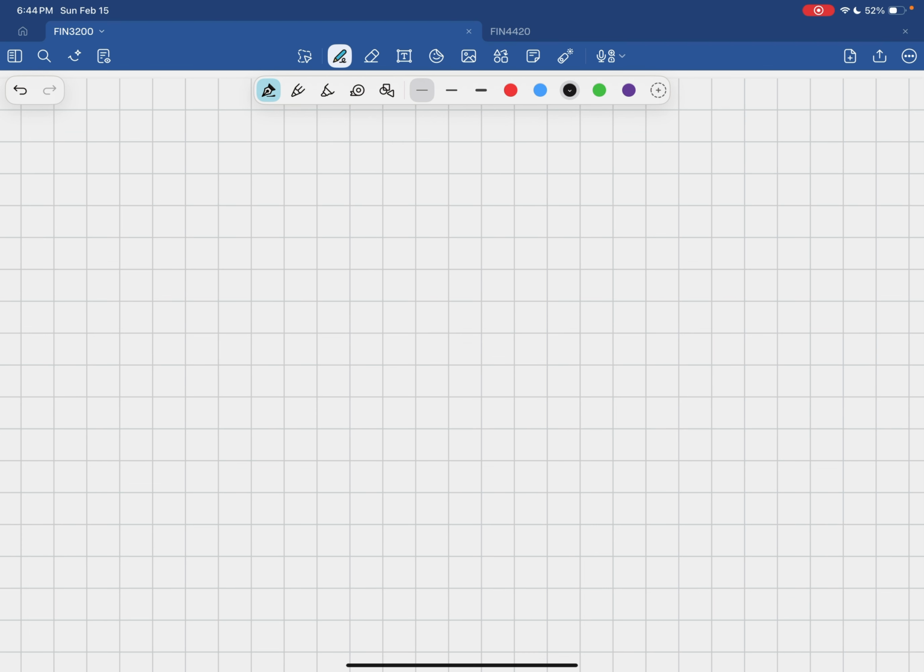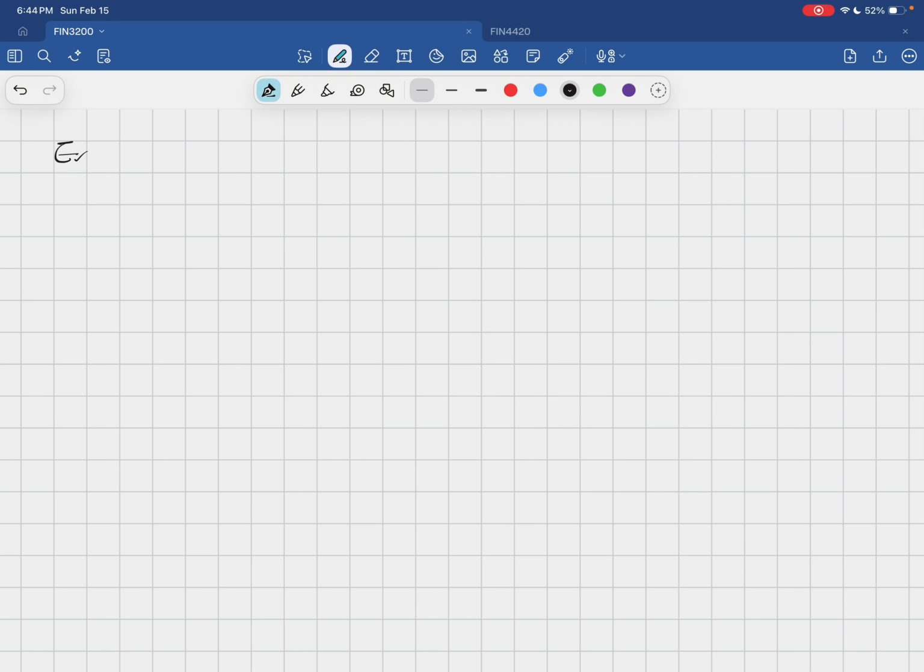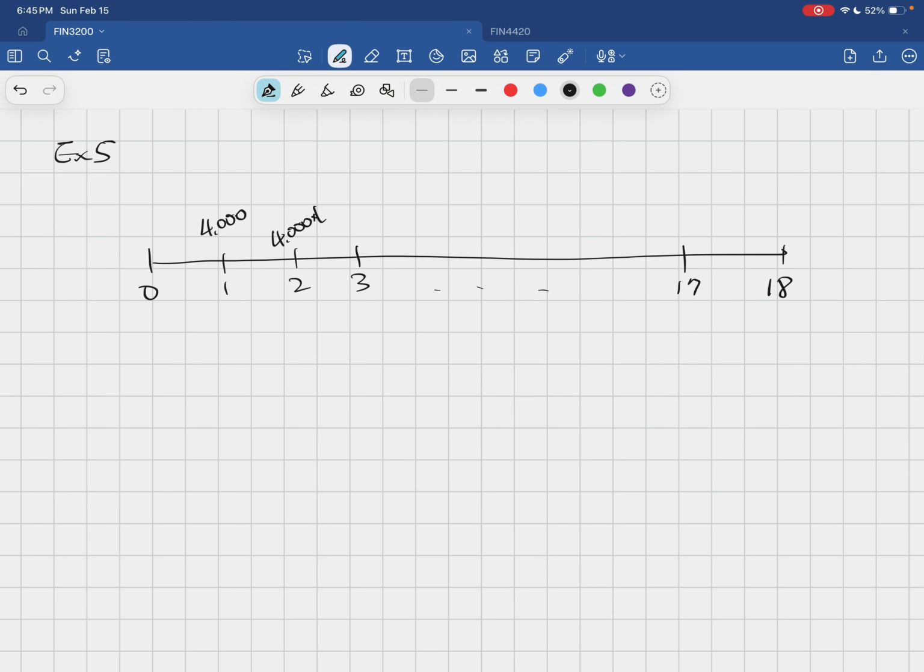Okay. So we're going to draw the timeline. Time 0 is right now. 1, 2, 3. We'll do 17 and 18. So it says the first deposit of 4,000 will be made in year 1, and the amount will grow at 5% per year. So in the second year, it will be just 4,000 times 1.05.